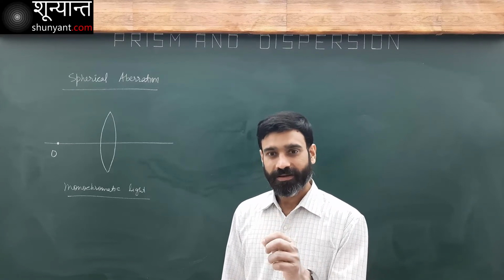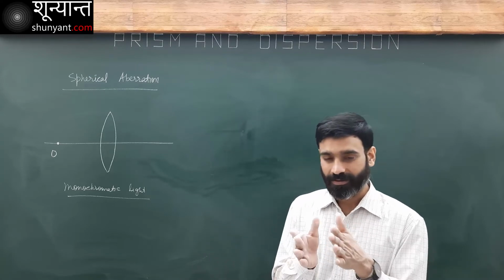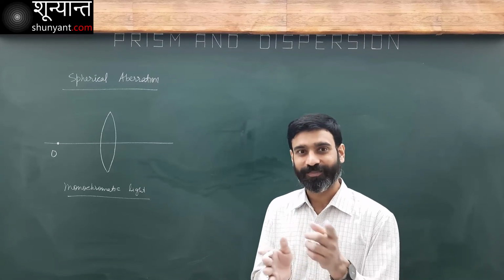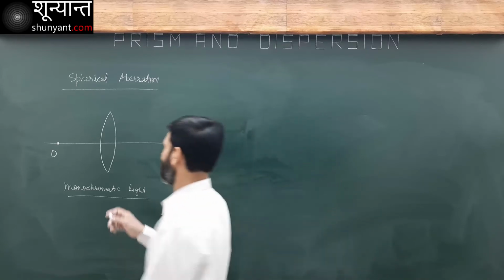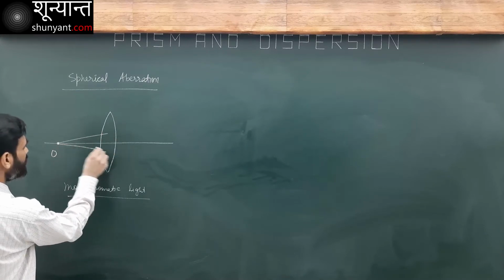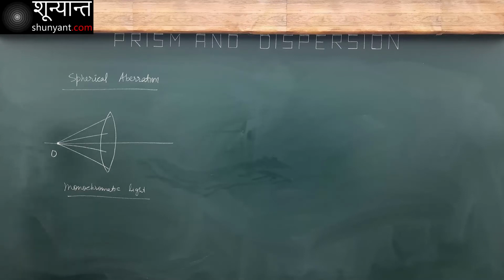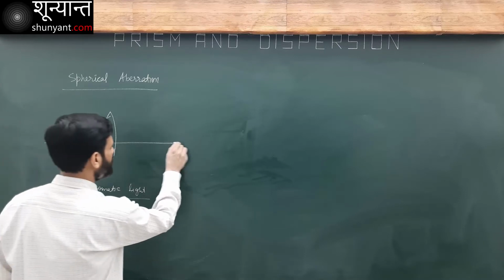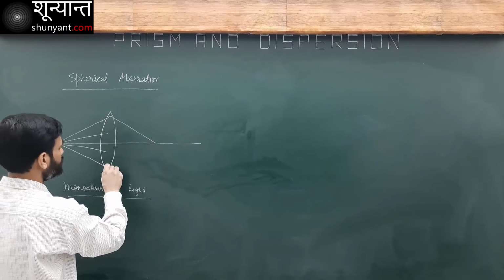Now, paraxial rays and marginal rays have different focal lengths. They focus at different points. Okay, these are the paraxial rays, and these are the marginal rays. They will focus differently. They are going to focus something like this.